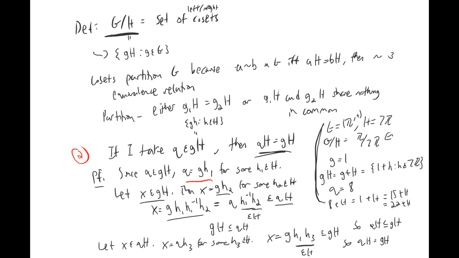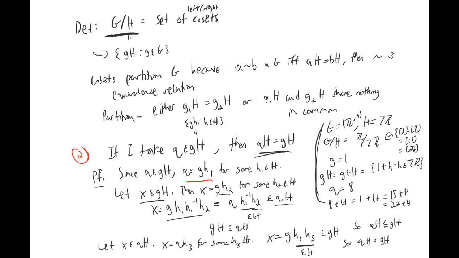Because if you think of elements here, the class of 1 is just the class of 8, which is the class of 15, which is the class of 22, and so on. Everyone clear so far? Okay. Good, you all follow.